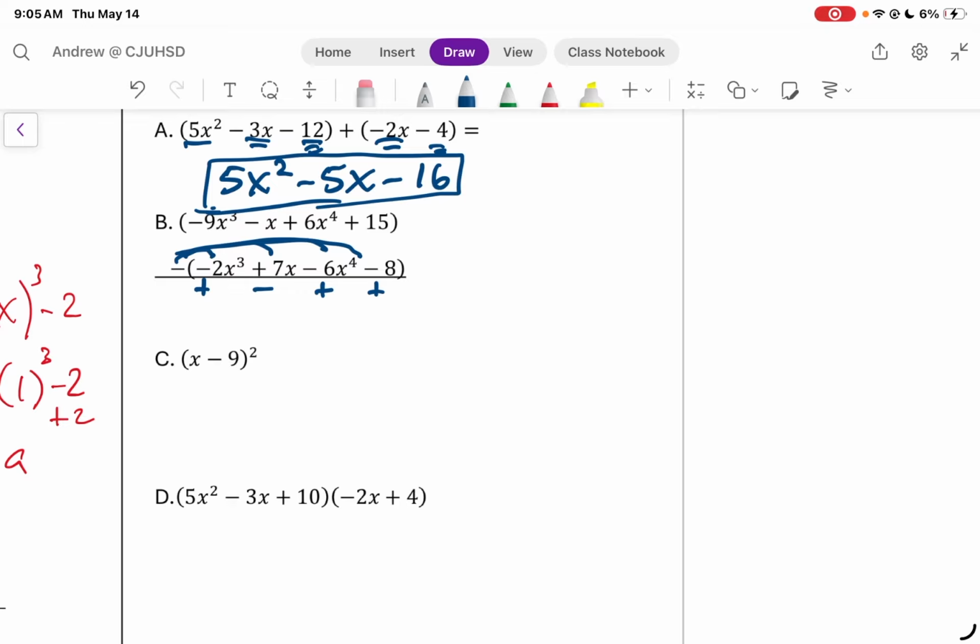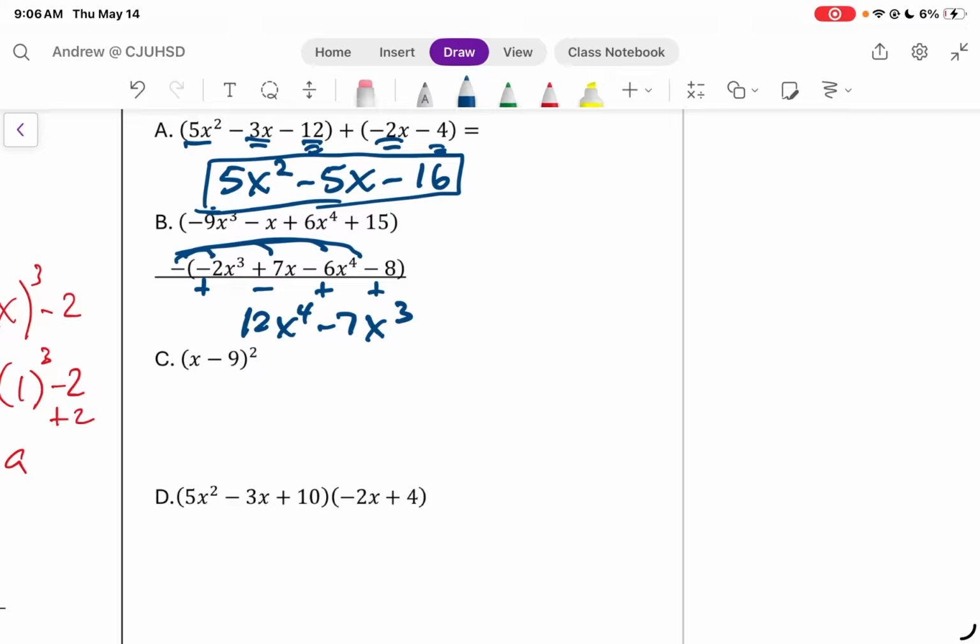Okay, looking through from the highest power, I see 6x to the fourth and also another 6x to the fourth. So 12x to the fourth. For x cubed, I see negative 9x cubed and positive 2x cubed for a negative 7x cubed.